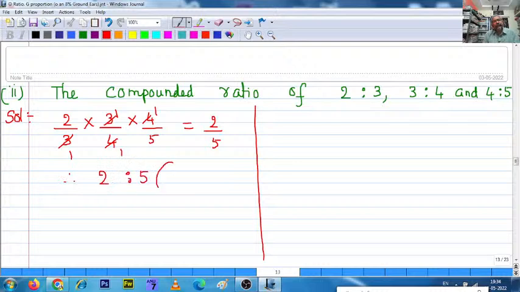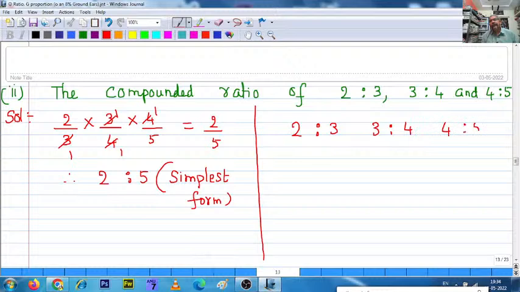This is the simplest form. So why do we call it the simplest form? Do you have any idea? Since 2 and 5 are co-primes, or the HCF of 2 and 5 is 1. Next method: you can see 2 is to 3, write down, 3 is to 4, write down, and 4 is to 5, write down.